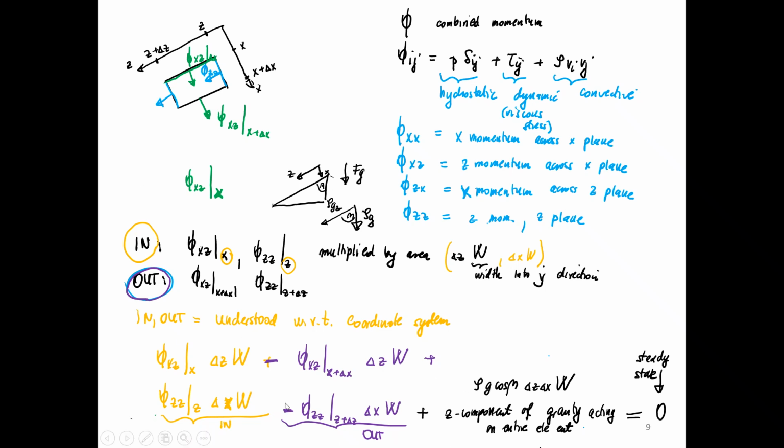Okay, so this is in minus out, and then I just have a z component of gravity acting on this volume here, and that has to be equal to 0. So all of this is just the z coordinate, okay? Because I really considered only xz and zz.